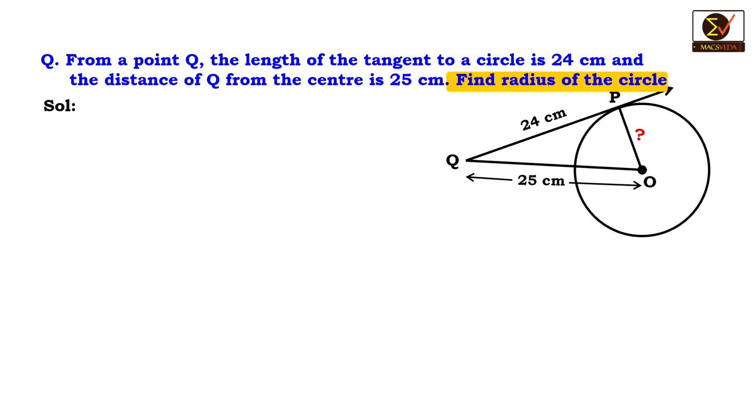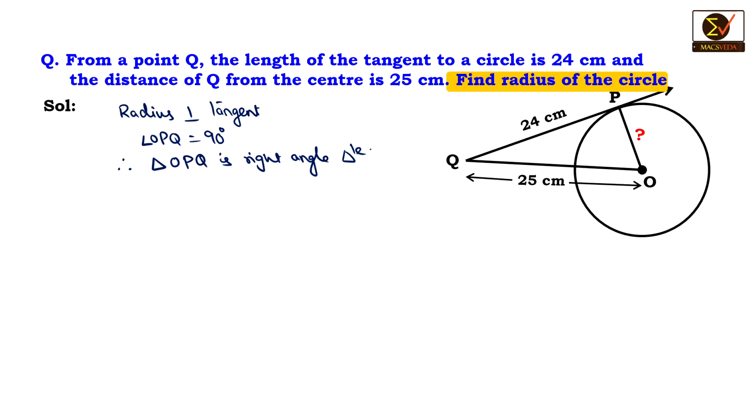Now here we know that radius is perpendicular to tangent. So clearly angle OPQ is 90 degrees. Therefore triangle OPQ is a right angle triangle.